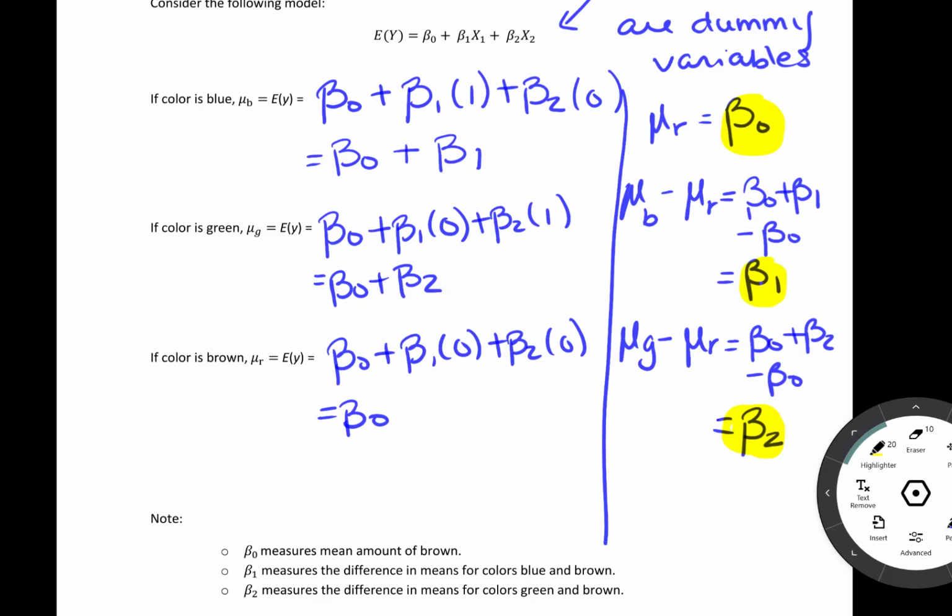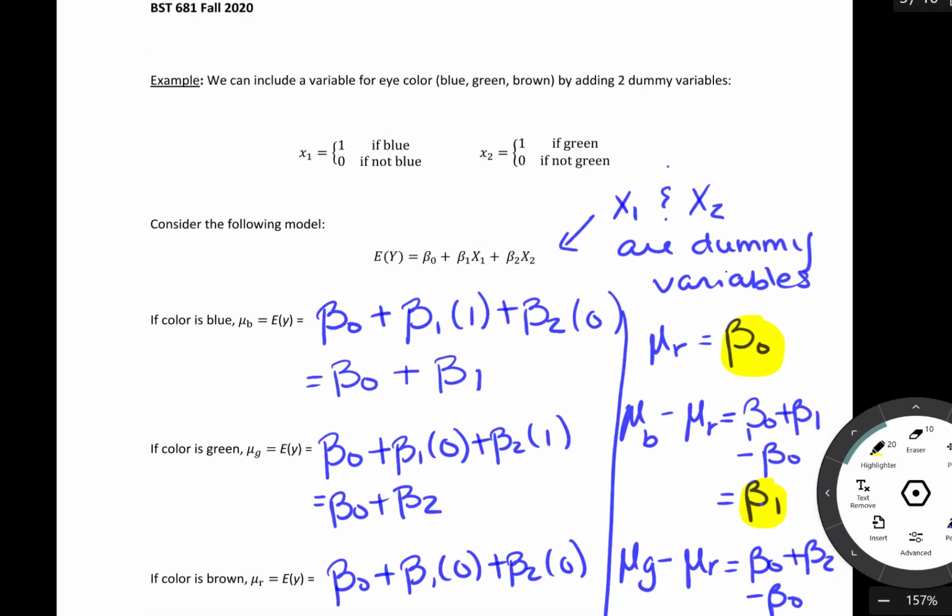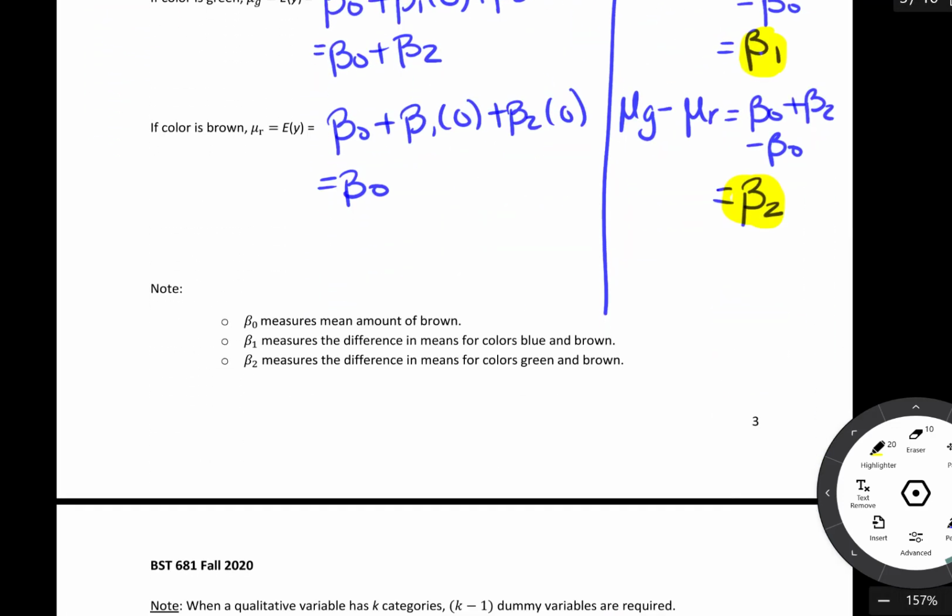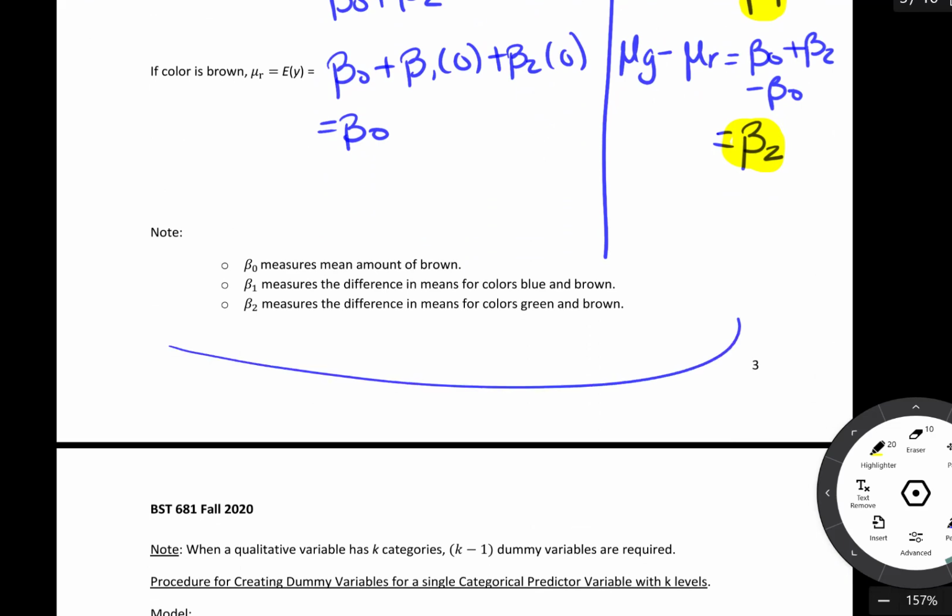So when you code your dummy variables, it's always important to note which one is the base case. So in this one, brown is the base case. And the reason for this is the coefficients are always going to be giving you that comparison back to that base case. All right, and so here that is summarized.